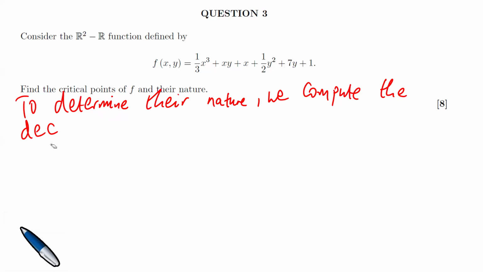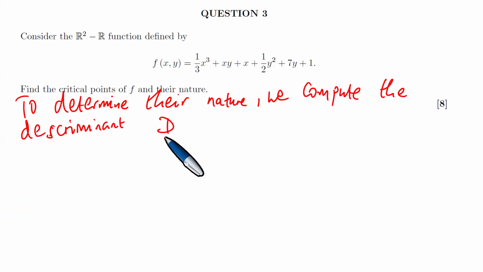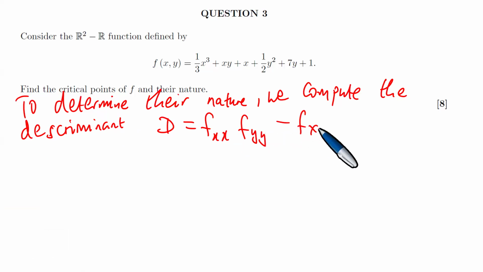Right, so we compute the discriminant, and the discriminant D, which is fxx times fyy minus the mixed partial derivative fxy.